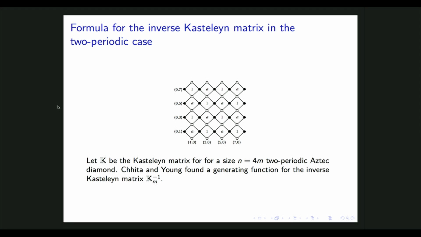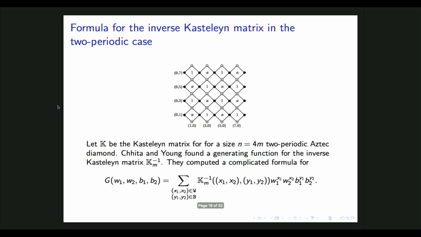It's convenient to have size 4m in the formulas. And then Sunil Chhita and Ben Young were able to find a generating function for the inverse of this Kasteleyn matrix in a rather remarkable computation. So by this I mean that you take this inverse, where x1, x2 is some white vertex, right?